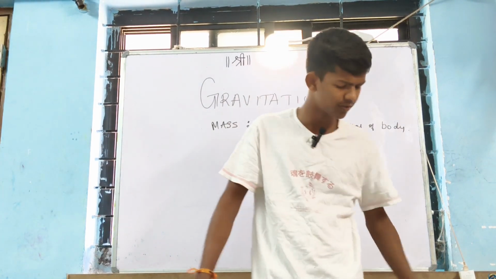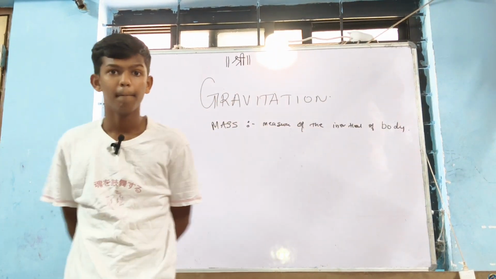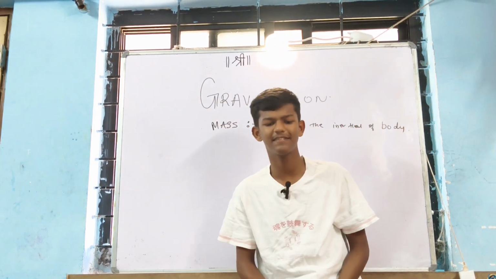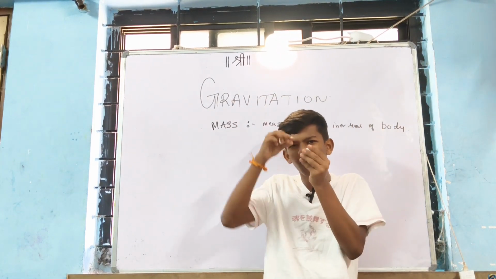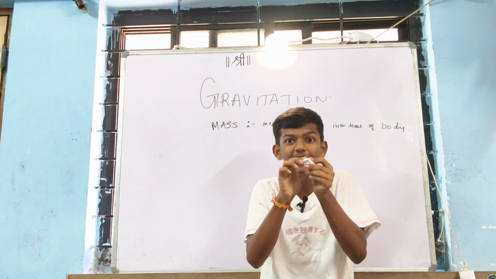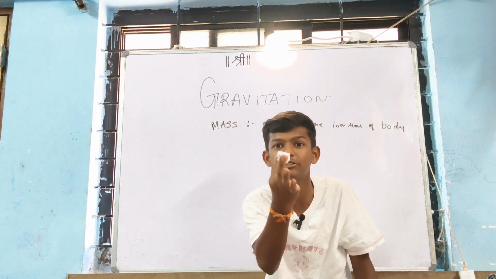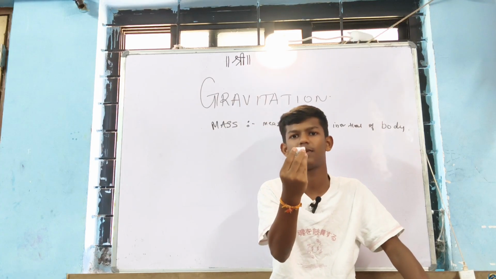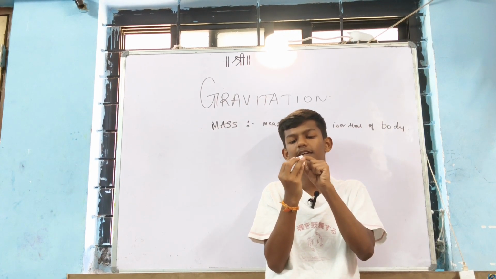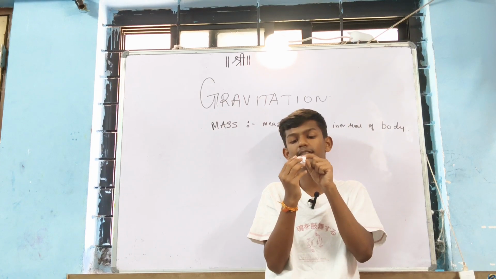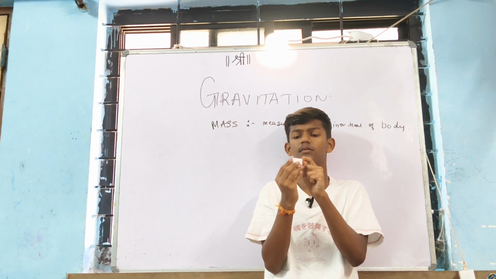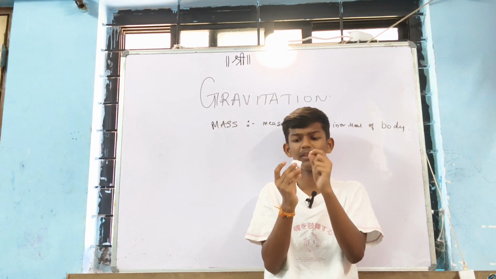Inertia. Mass is, in a simple way, you can say, the number of particles. The number of particles in the body is known as mass. Because in these objects there are a number of atoms.